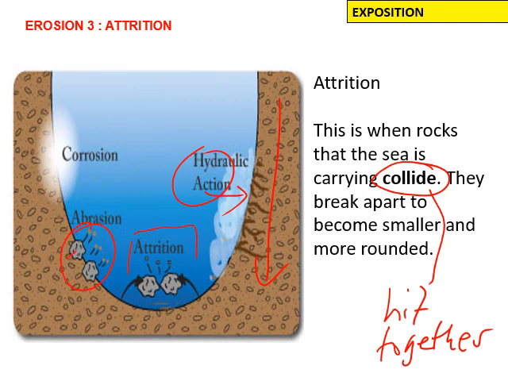Abrasion is when rocks hit the cliff, causing the cliff to break apart. But attrition is where rocks hit each other and they actually smooth each other, they break each other down very, very slowly, but they break each other down to very small particles, and that could be where sand sometimes comes from. So the actual sand on the beach or floating in the sea may have come from the cliffs themselves.